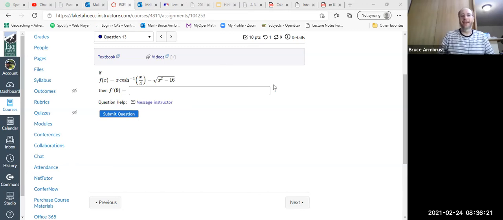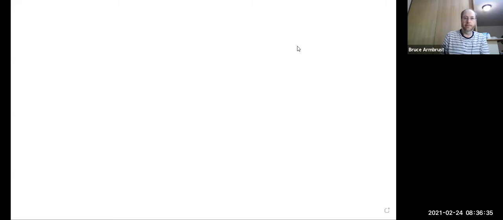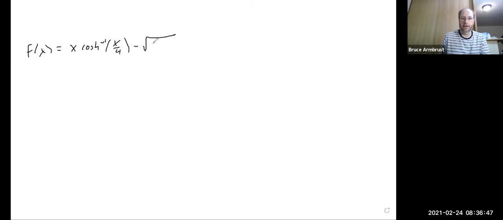All right, so if we're going to differentiate this thing, let's think about what we're going to have to do. Let me go to a whiteboard here. So f of x is equal to x cosh inverse of x over 4 minus the square root of x squared minus 16.